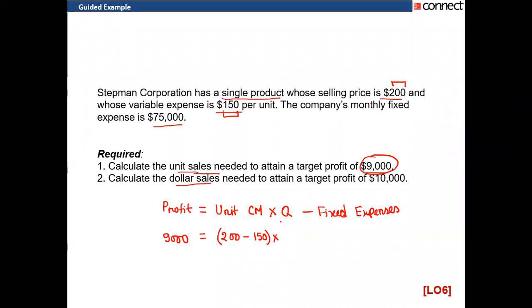And Q is our question; we need to find out this. That's why Q is here as it is. And the fixed expenses of 75,000 are here. I am not interested in showing you how to find Q, but I would like to ask you what should be the Q from your calculation.